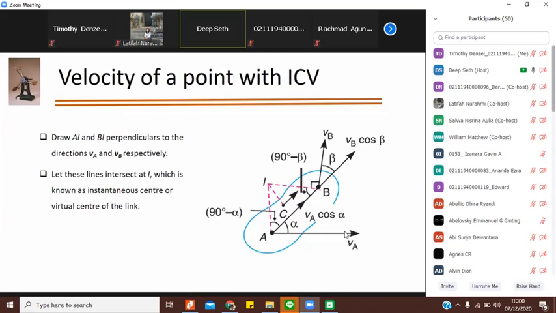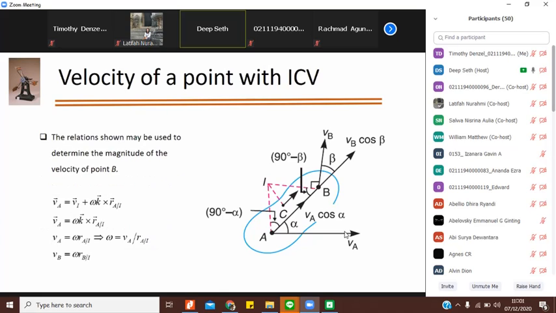You just have to make a perpendicular to it from here and from there, and wherever they are meeting, it is I. So these lines intersect at I, which is known as the instantaneous center or virtual center of the link. And the complete rigid link rotates about the center I at a given instance. So whatever instance you take, that complete link will be rotating about the center I.